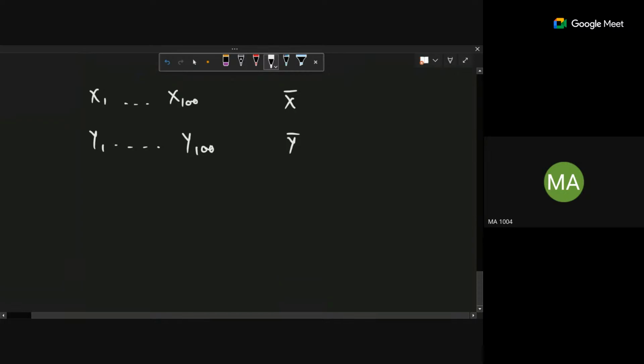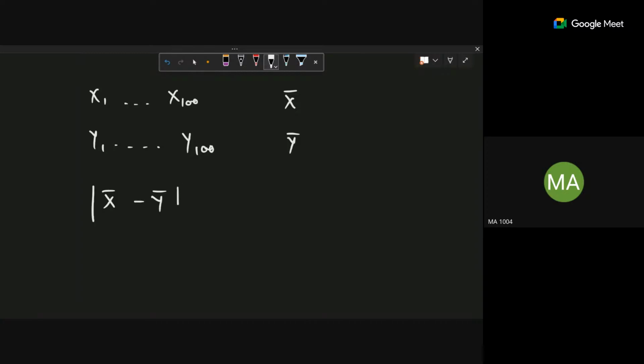That is nothing but the difference, x bar minus y bar, modulus. Yes, ma'am. As they said, the time for men was more, right? 3 hours more. So is it fine now? So that was the given information.